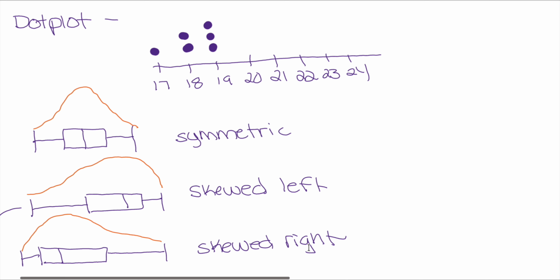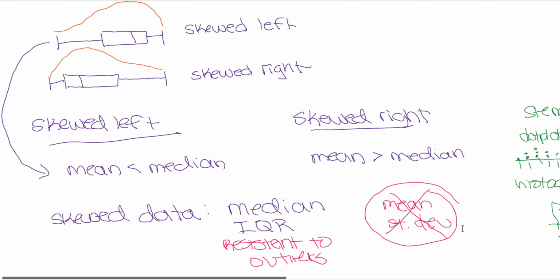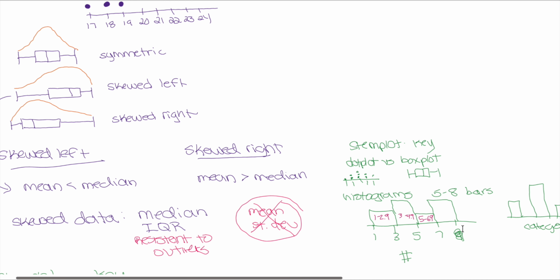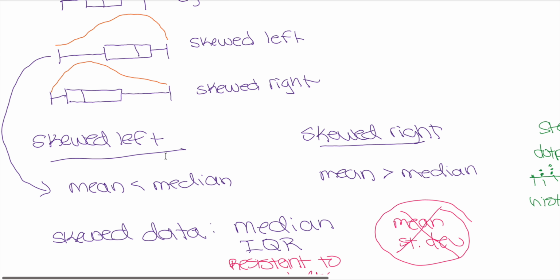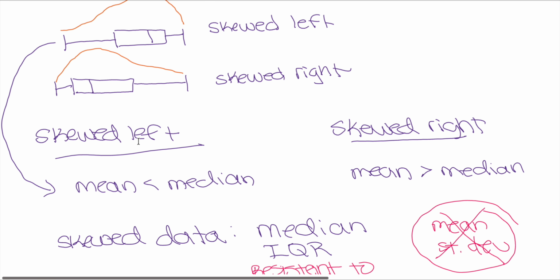And skewed to the right, there's less data on the right, so the whole graph is skewed to the right. Okay, a little bit more about this. Skew to the left, okay, there's another very important topic.